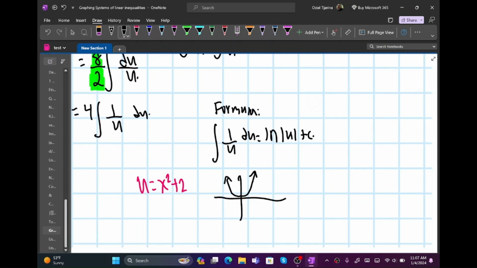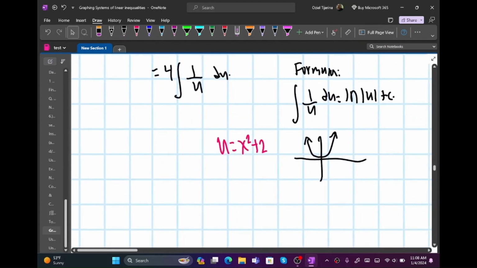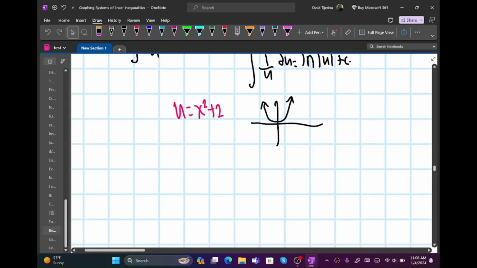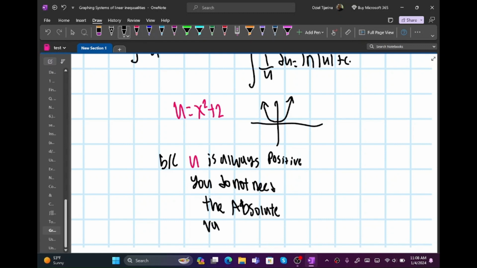Somebody correct me if I am wrong, but I don't believe it's necessary. So because u is always positive, you do not need the absolute value symbol.